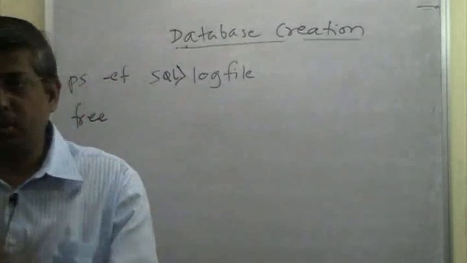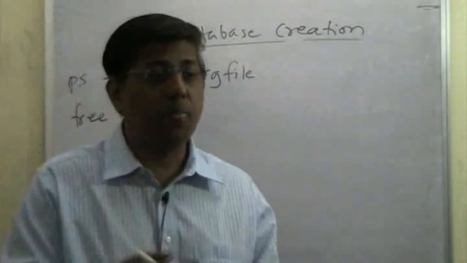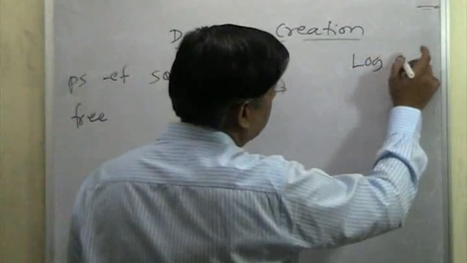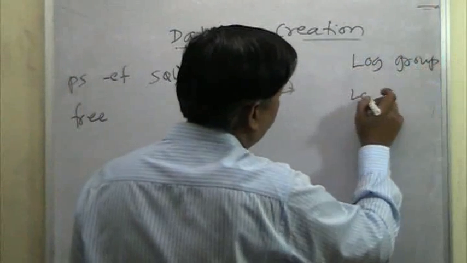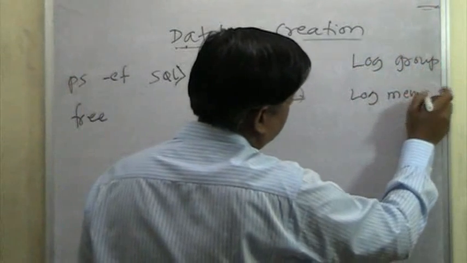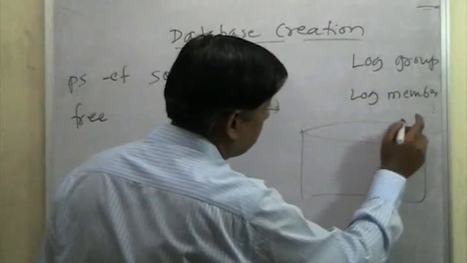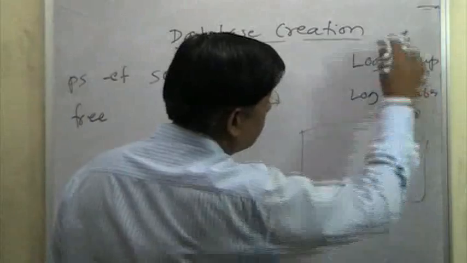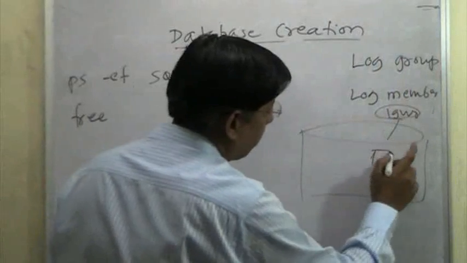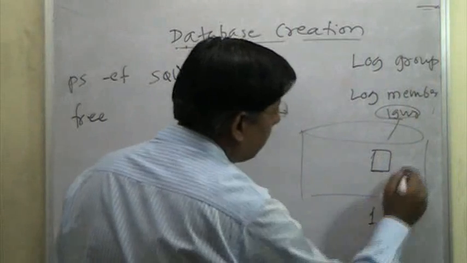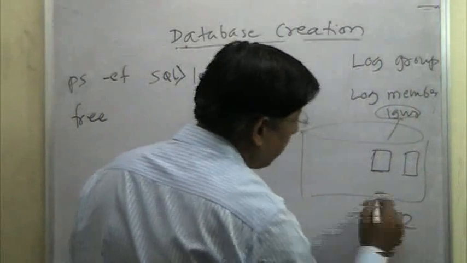In each of those log groups there could be multiple log members. So the correct terminology is log group and log member. In our database diagram here, let us say this is the LGWR process which is writing. First it will write to this one, this is called a log group, let us say group number 1, and this is log group number 2. Why is it called a group?